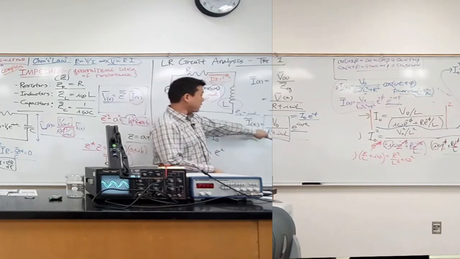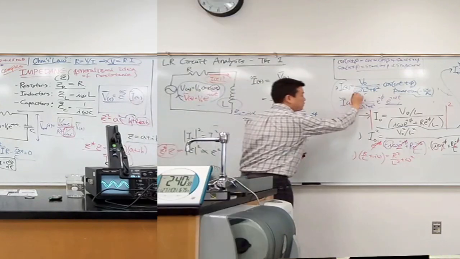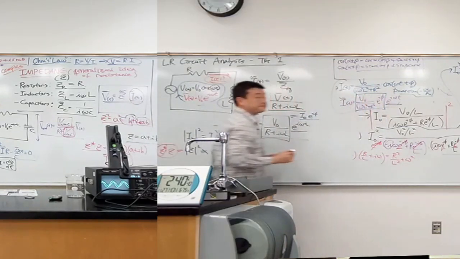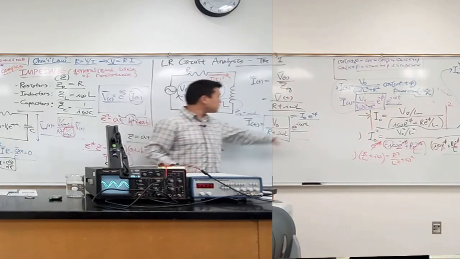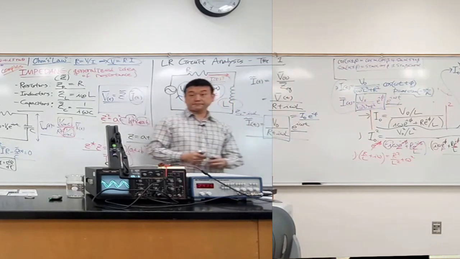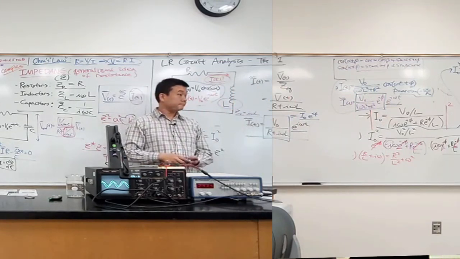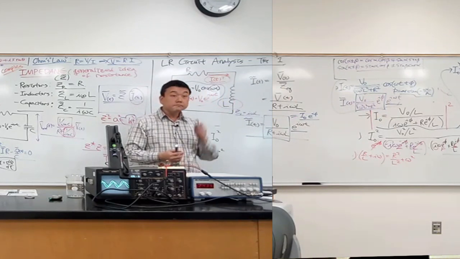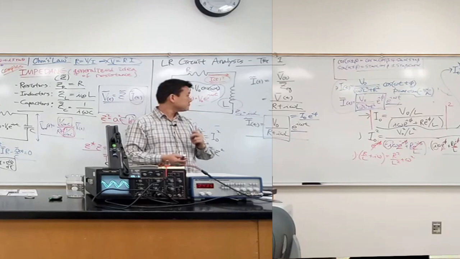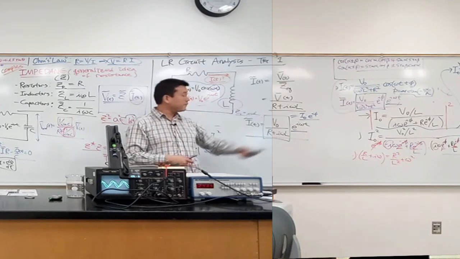So this is the complex coefficient that's going to be equal to this quantity here. So what do I do to simply solve this for I naught? Not divided by the exponential, because I don't know what phi is.